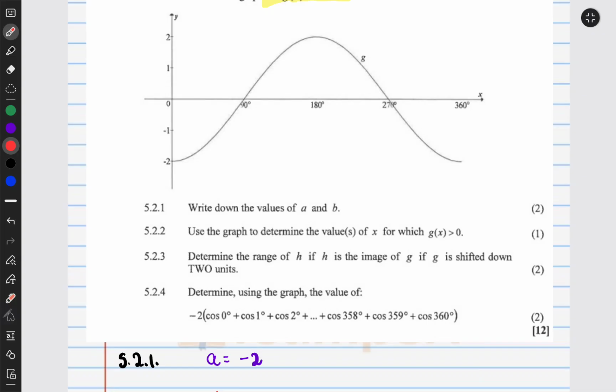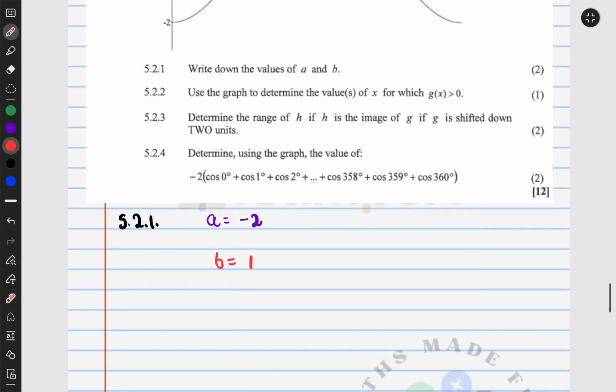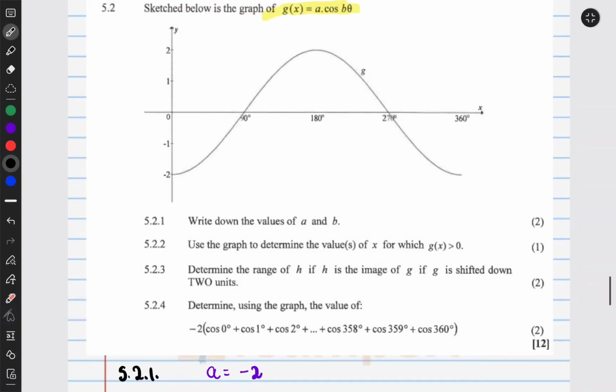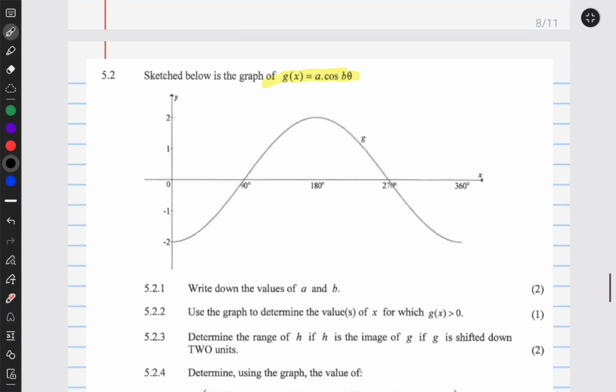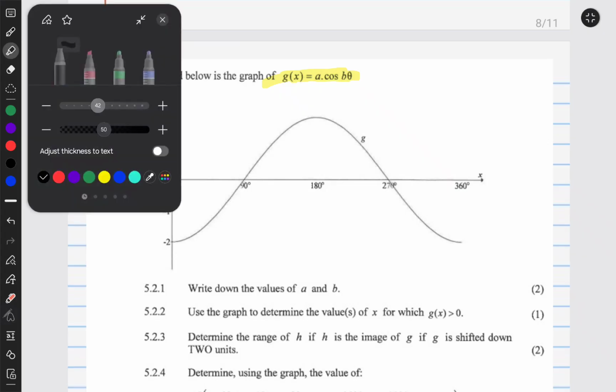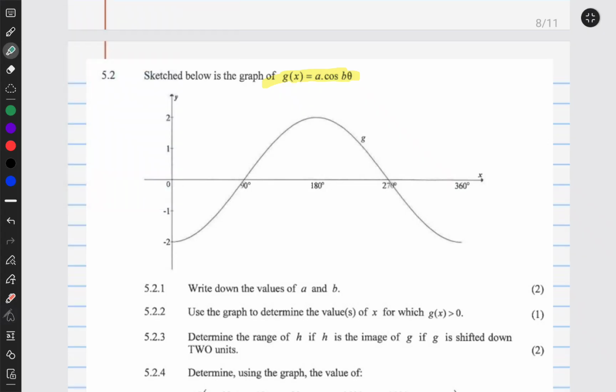You use the graph to determine the values of x. 5.2.2, by the way. Use the graph to determine the values of x for which g at x is greater than 0. So when they are saying g at x is greater than 0, we are essentially looking for those values of x whereby the function is above the x-axis.